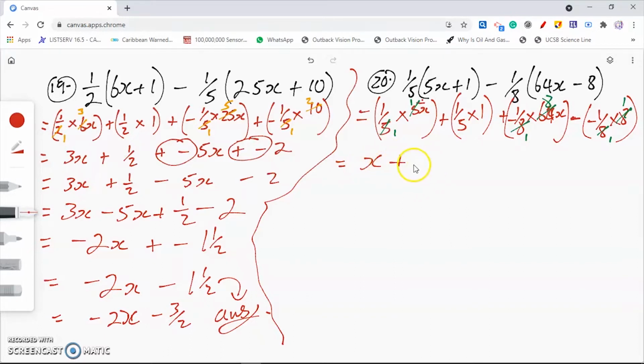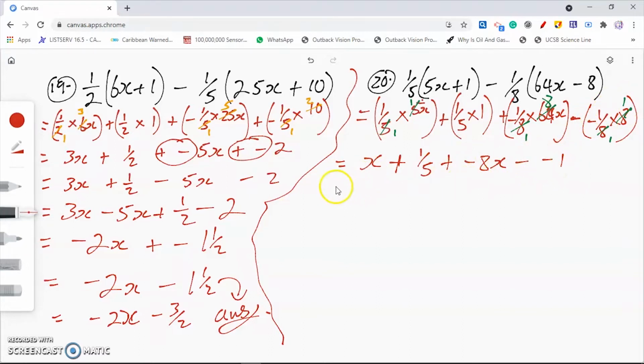So x plus 1 over 5, because 1 over 5 times 1 is 1 over 5, plus negative 1 times 8 is negative 8, and we have x there, so it's negative 8x, minus negative 1 times 1 is negative 1.